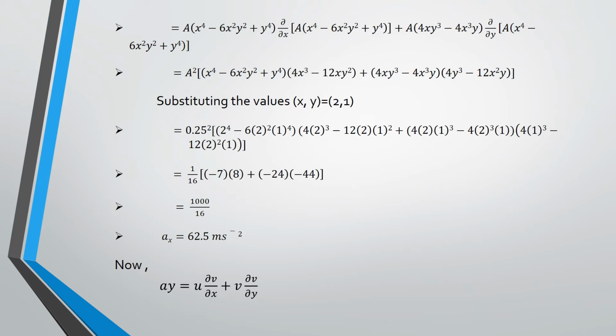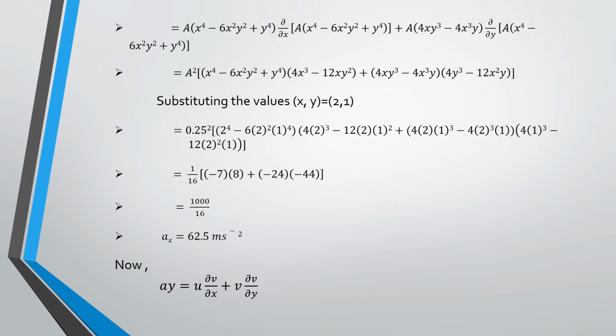Substituting the values of u and v in the above equation, we get a into (x power 4 minus 6x square y square plus y power 4) dou by dou x of a into (x power 4 minus 6x square y square plus y power 4) plus a into (4x y cube minus 4x cube y) into dou by dou y of a into (x power 4 minus 6x square y square plus y power 4).